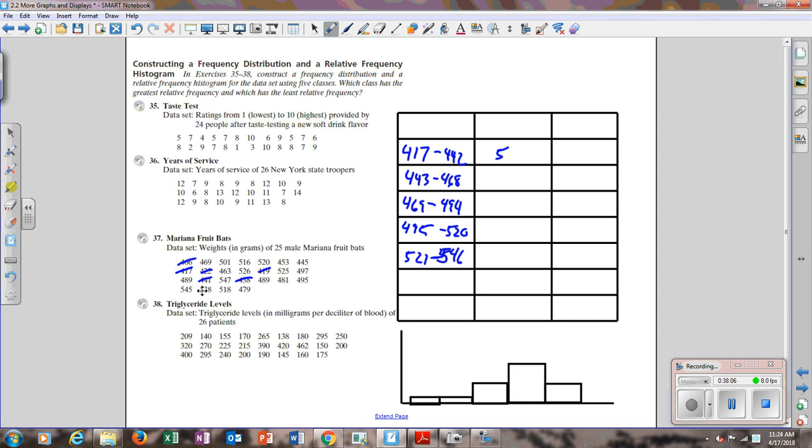Then 1, 2, 4. 469 to 494, 1, 2, 3, 4. 495 to 520, 1, 2, 3, 4, 5, 6, 7. And the last one, 1, 2, 3, 4, 5.